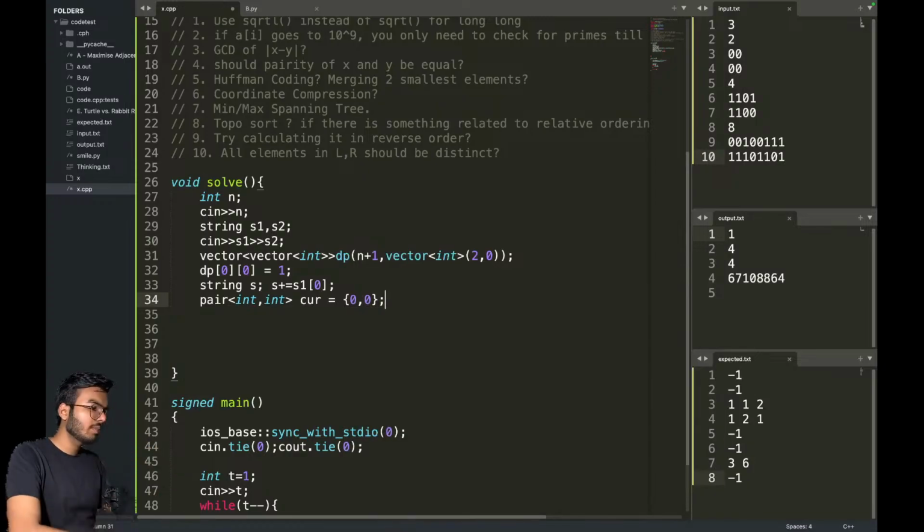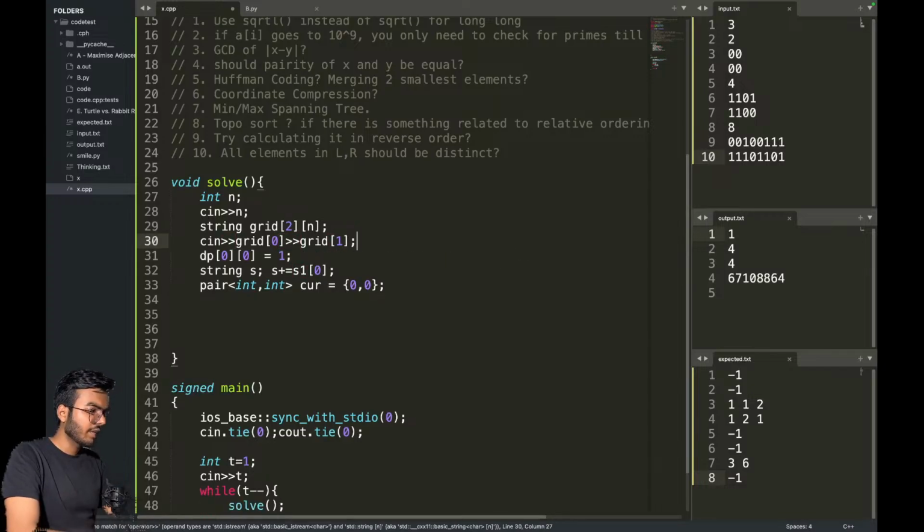So I am at 0 comma 0, and let's actually make this a string only. So let's call this grid of 2 cross n, right? So grid of 2 cross n. So grid of 0 and grid of 1. So I have these two. Let's not focus on counting part right now.